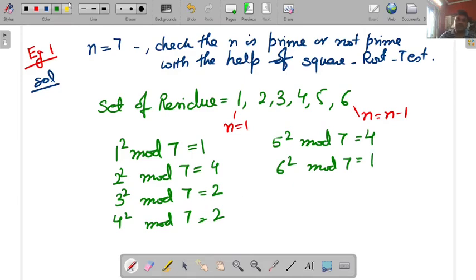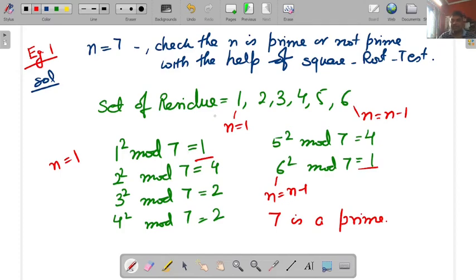So you can see that at n is equal to 1 you are getting 1, and at n is equal to n minus 1 you are getting 1. It means 7 is prime. In this way you can check whether a number is prime.